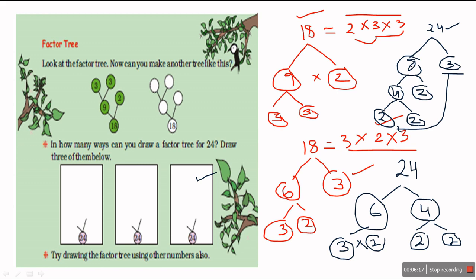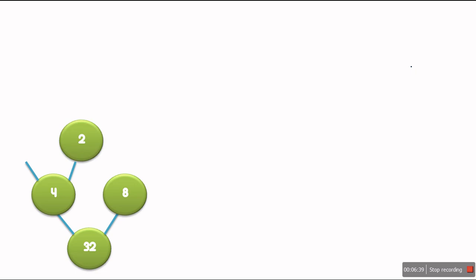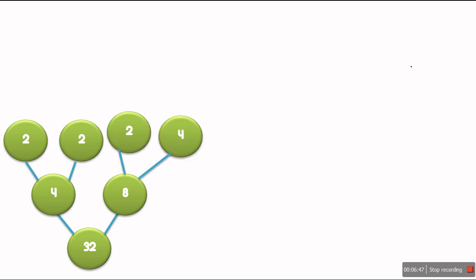Let us move next. Take the example of 32. Okay, so 32, 8 times 4 is 32. 4 can be further divided with 2 times 2 is 4. 2 is prime, 2 is prime. So the branch will finish here only. 8: 4 times 2 is 8.